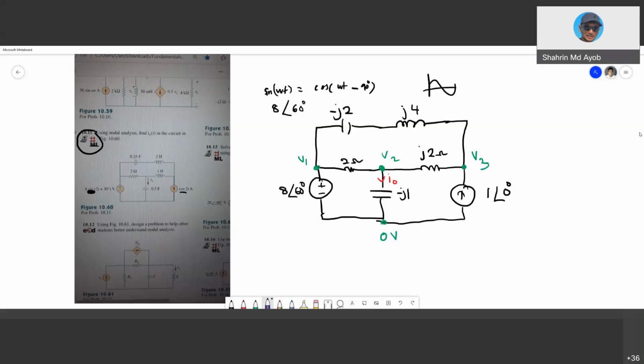And then the current direction I pick. Doctor, for the one voltage source, is it 30 degrees minus 90 degrees, right? Yes. Oh, okay. So this one should be 8 angle negative 60 degrees.